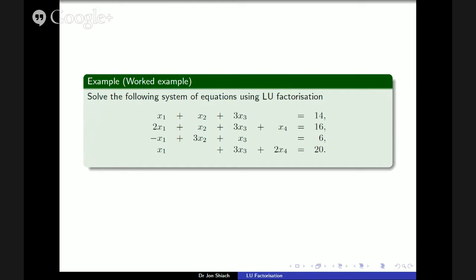Okay, y3 now. So for y3, we have 6 plus y1, which is 14, plus 4 lots of minus 12. So 6 plus 14 is 20, minus 48 is minus 28.